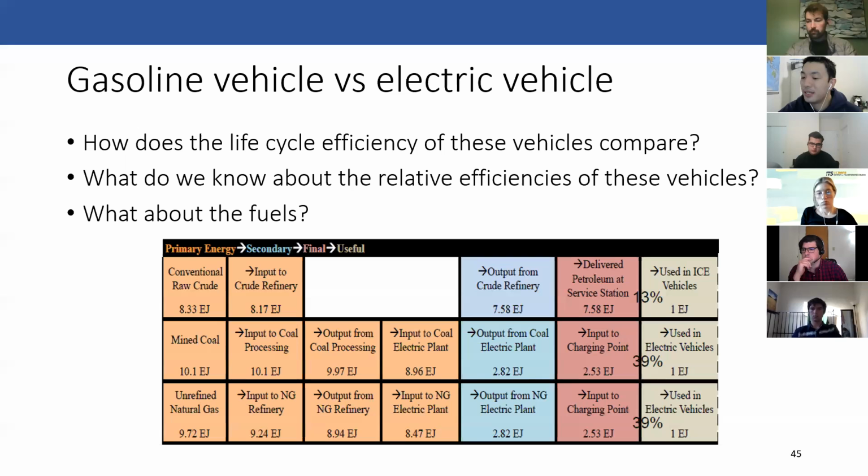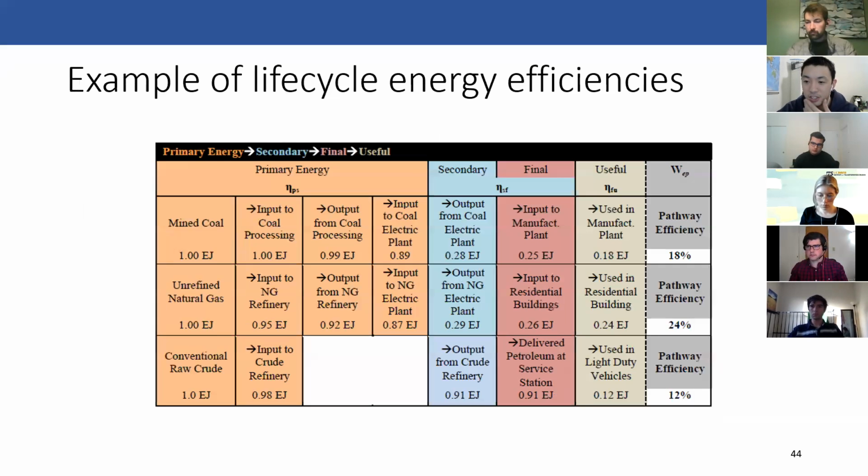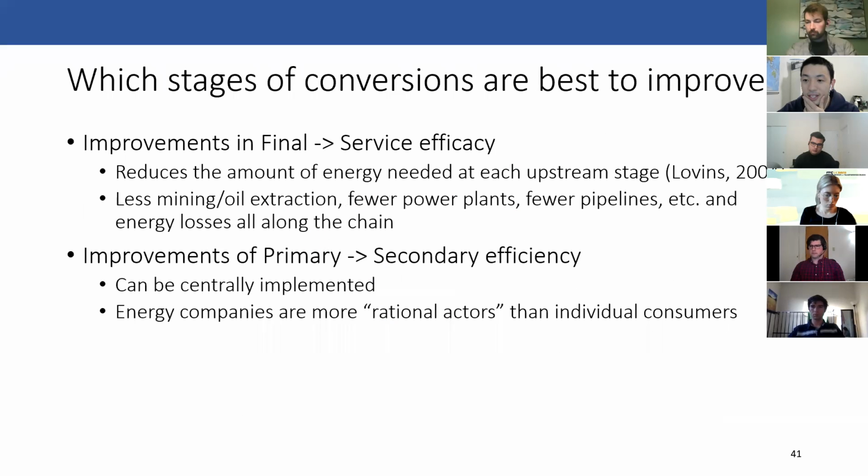Okay. So the last thing that we'll be talking about today is, actually, let me just go back, the improvements in efficiency and their impact on the full pathway efficiency.